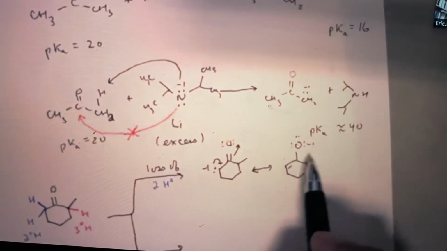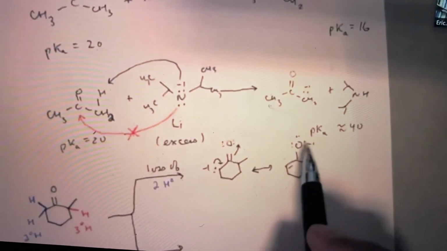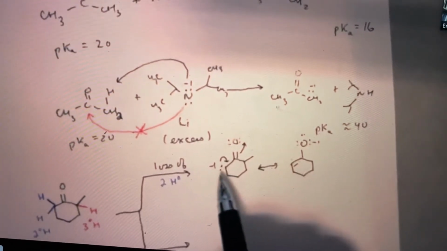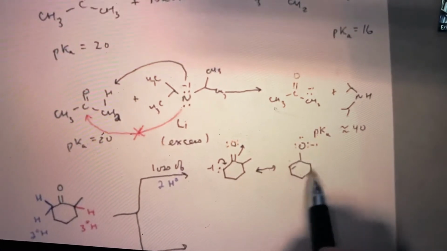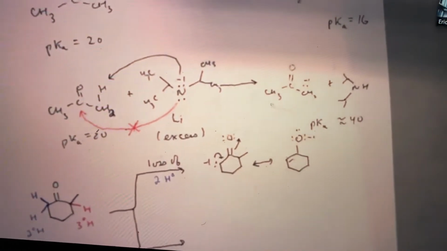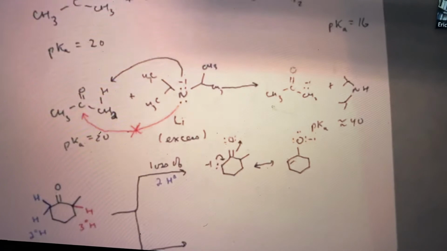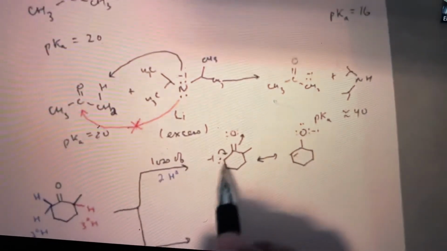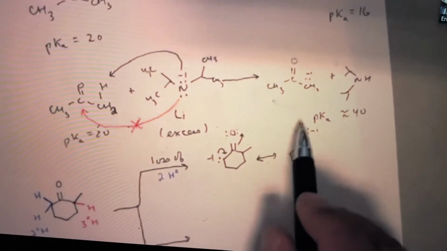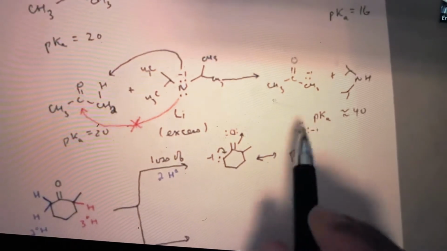So the more electronegative element always prefers the negative charge. So since carbon is less electronegative than oxygen, this is the better resonance structure. Okay. So again, I just want you to see that because sometimes I shorthand, I only show this form, but in reality, this is the better form of the resonance hybrid.